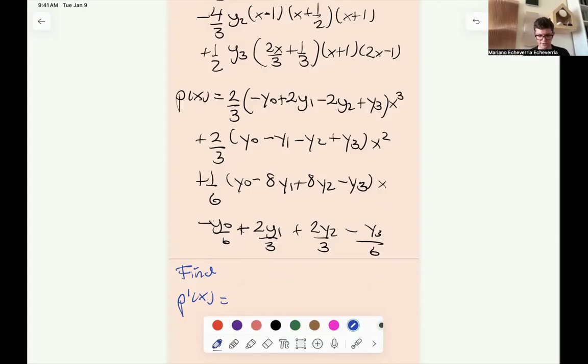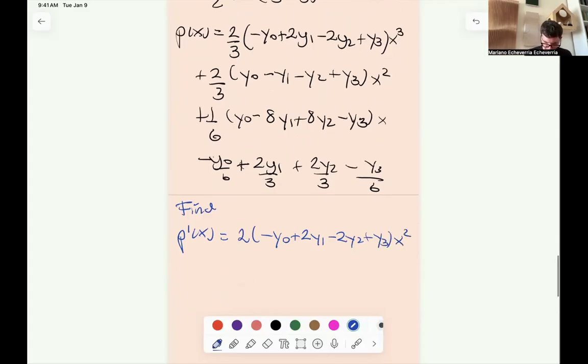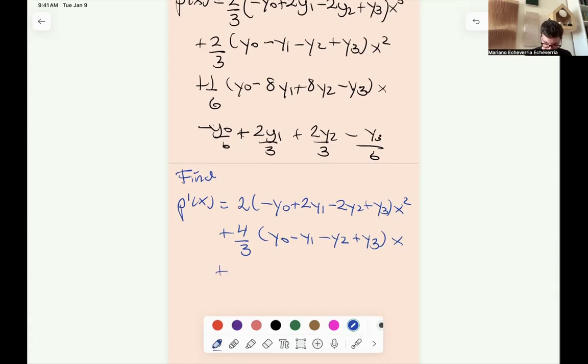It's not too bad to do. It gives you 2 times negative y0 plus 2y1 minus 2y2 plus y3, times x squared, and then plus 4 thirds times y0 minus y1 minus y2 plus y3, times x, plus 1/6 times y0 minus 8y1 plus 8y2 minus y3.